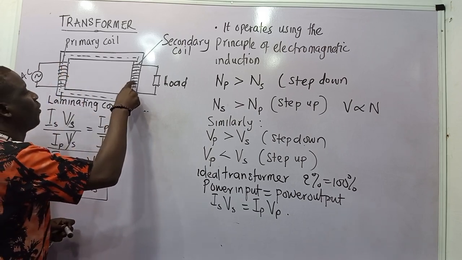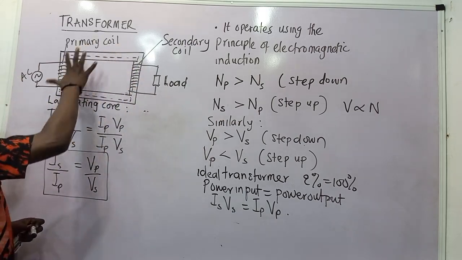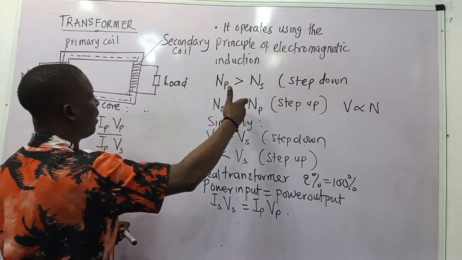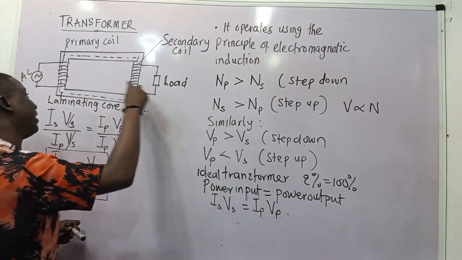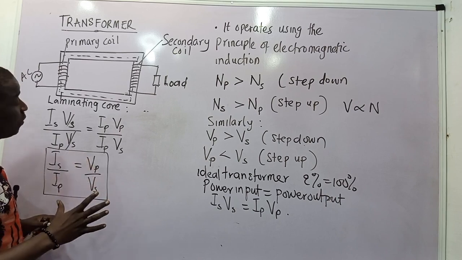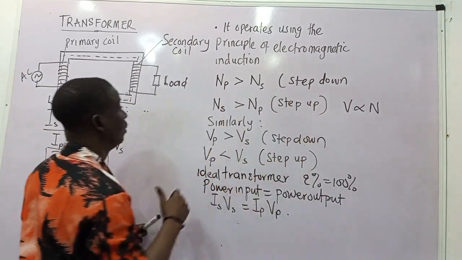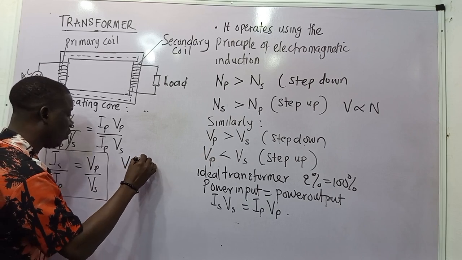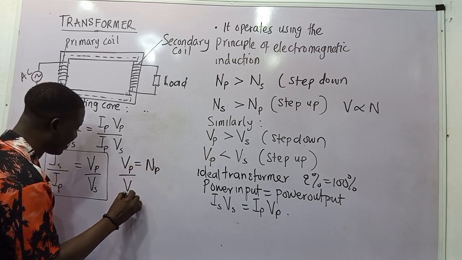Yes, 1, 2, 3, 4, 5, 6, 7, 8, 9, 10. So this transformer I just drew is more or less like a step up transformer, because the number of turns in the primary is higher than the number of turns in the secondary. So basically, since V is proportional to N, we can say Vp over Vs equals Np over Ns.